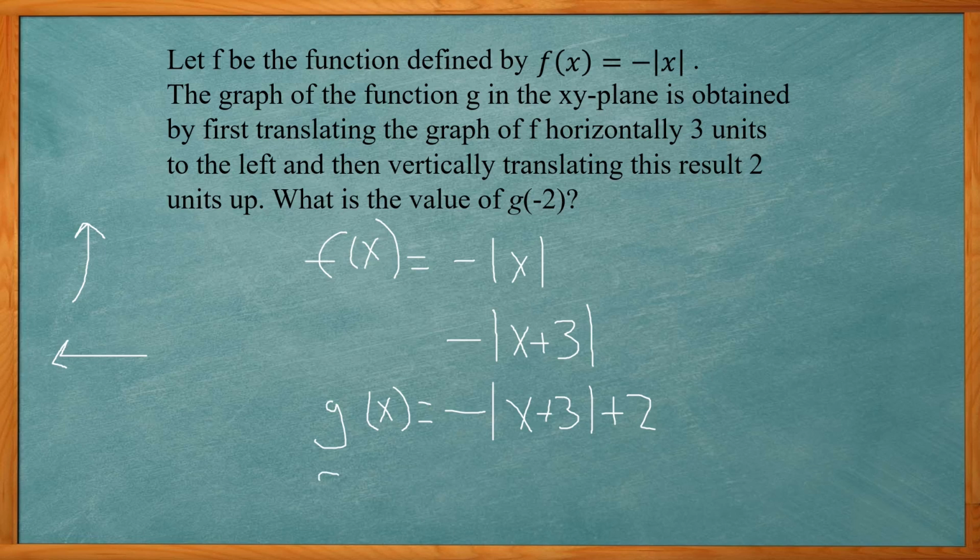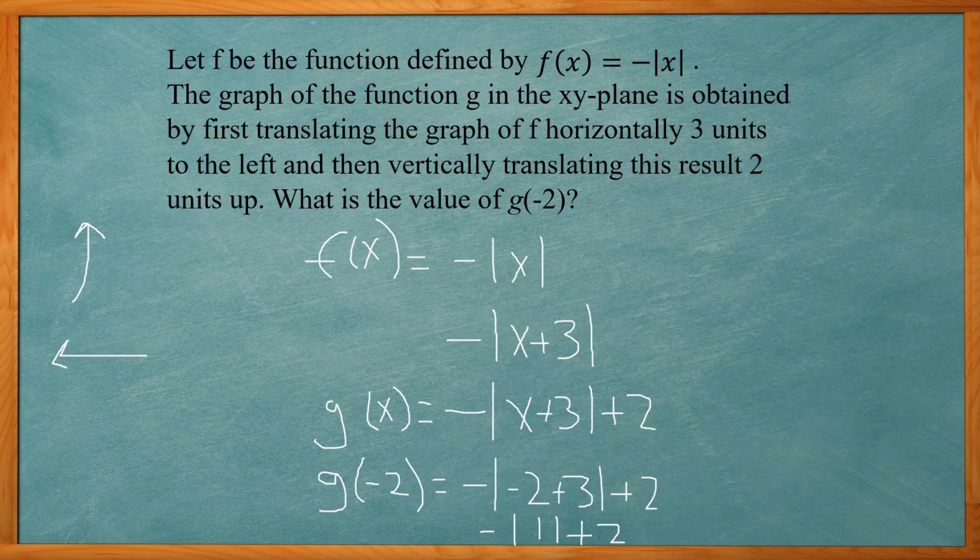And then they want to know what is g of negative 2. So all you do there is replace the x with negative 2. So we get negative absolute value of negative 2 plus 3 plus 2. So negative 2 plus 3 is 1. So negative absolute value of 1 plus 2.